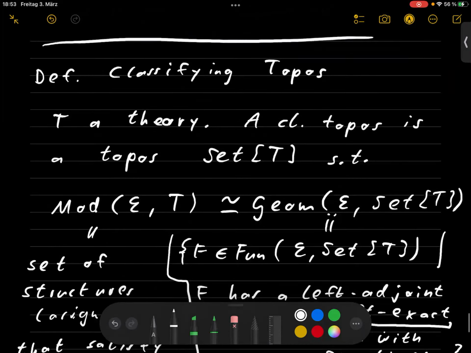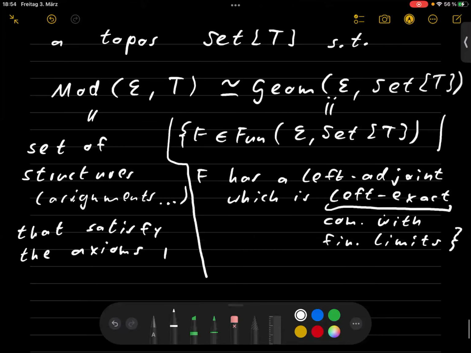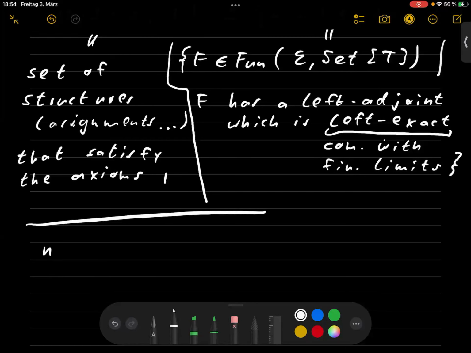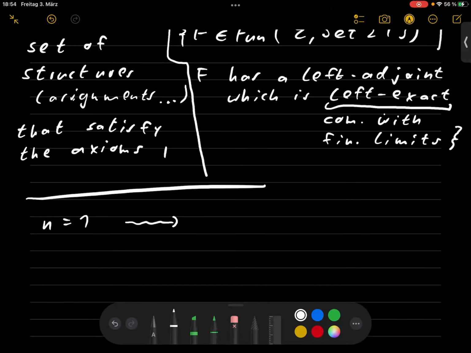And a special case of that, if we specialize to n equals 1, then this means that presheaves on theta n, or theta 1, are exactly simplicial sets, because this one is delta.